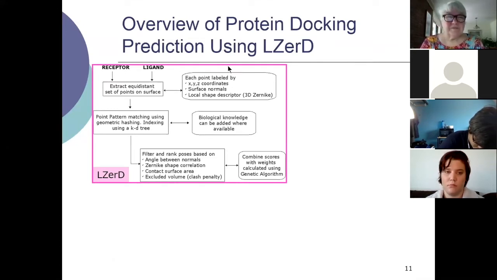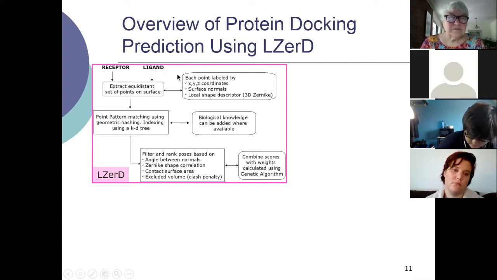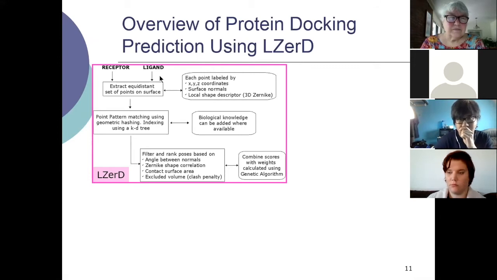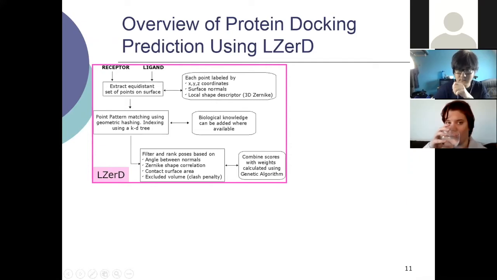So this is an overview of how the LZerD docking method works. We have an input of two proteins, one called the receptor and one called the ligand. This is a terminology in the protein docking field. Usually the bigger one is called the receptor, even if it is not necessarily a biological receptor.